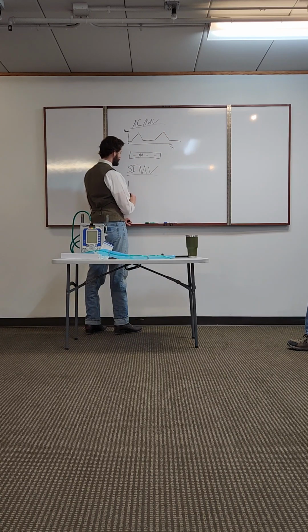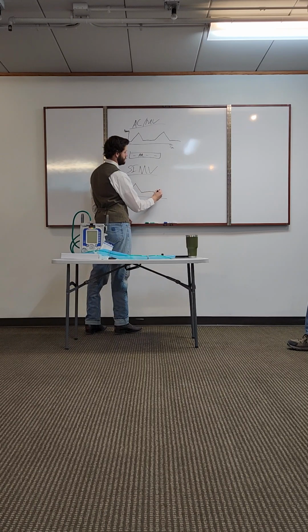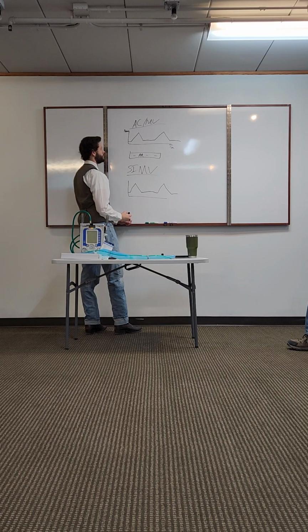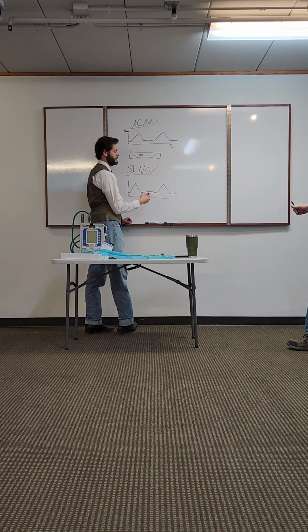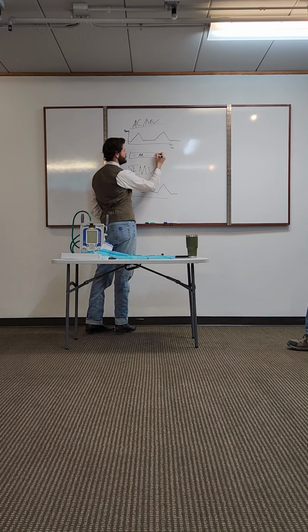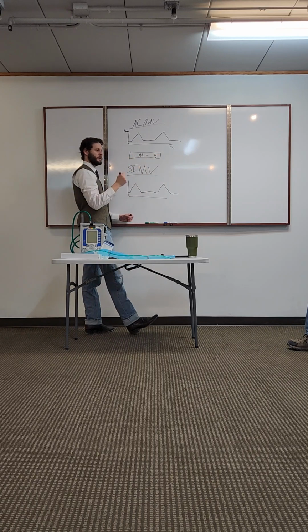That compares to SIMV, same axis here, it's going to ventilate whatever it's set to, and keep going. Well, how is that different? The big difference comes in the pressure trigger. So usually it's P-trig or just any kind of pressure trigger, whatever you set it to.